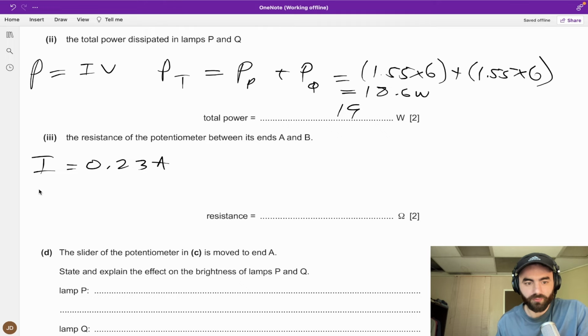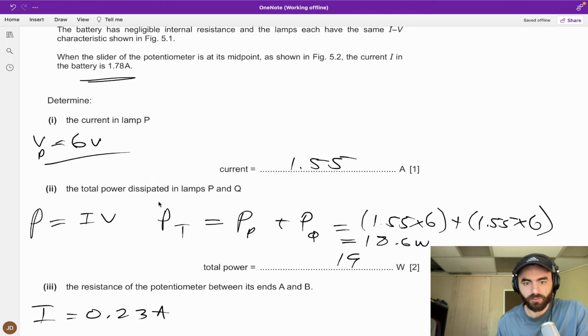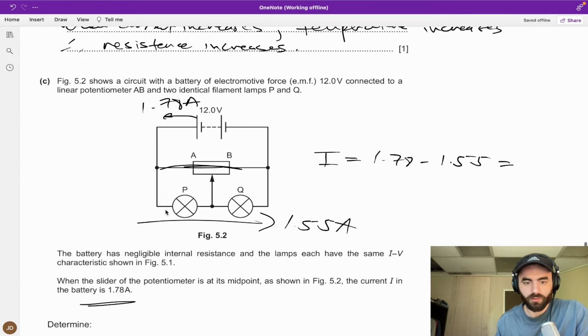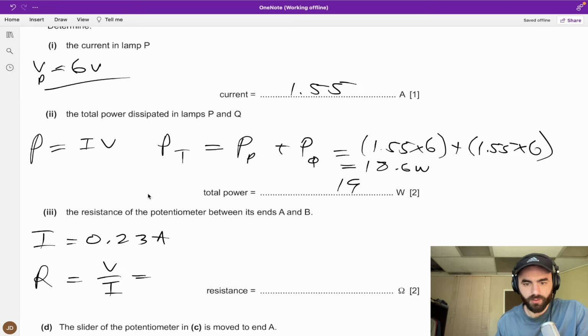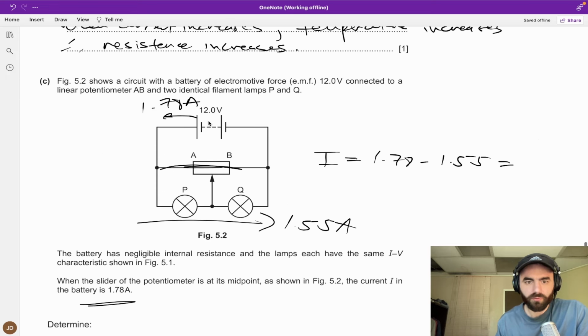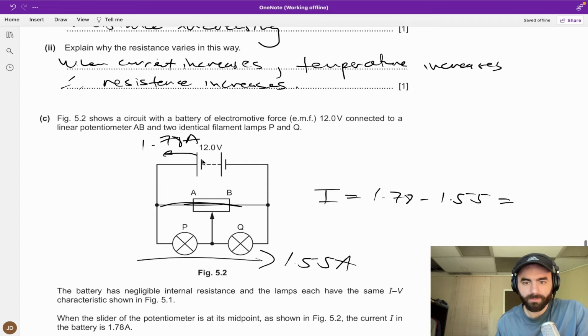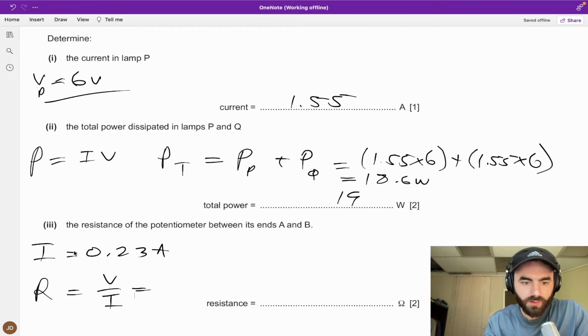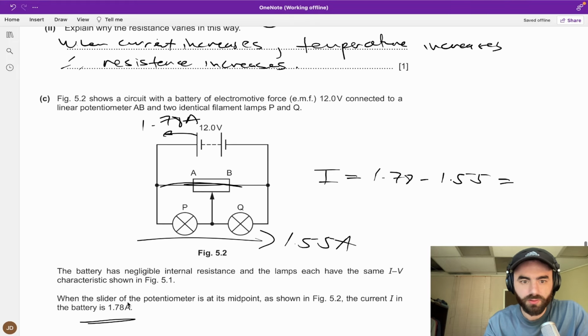And so therefore the resistance is V over I. We have this current. What's our voltage?